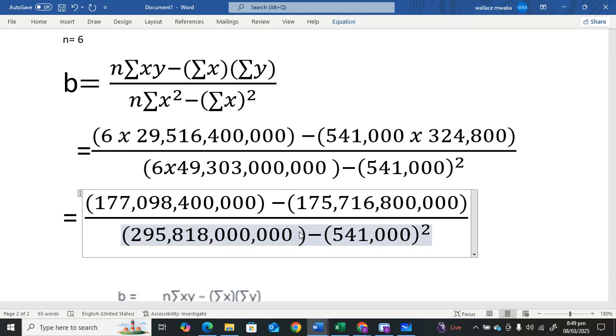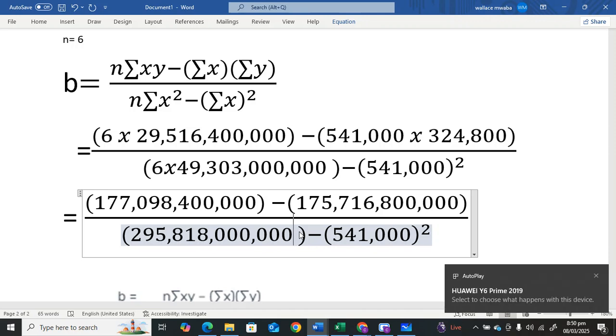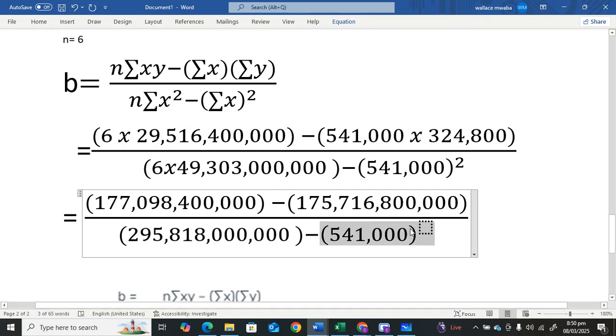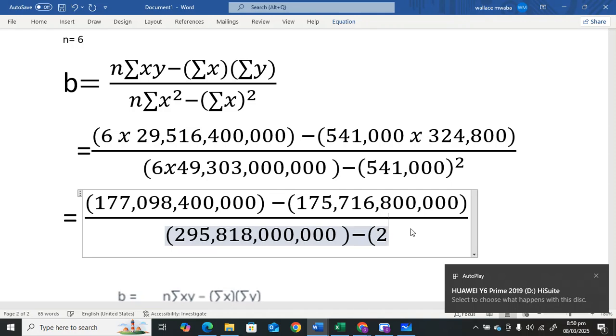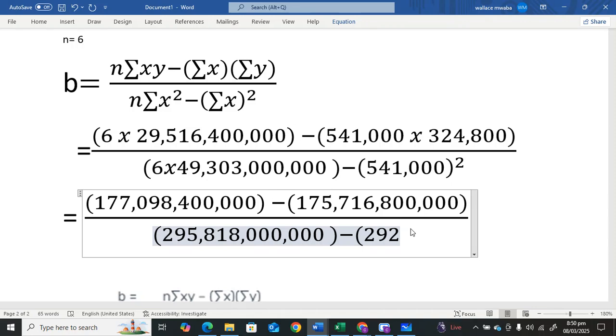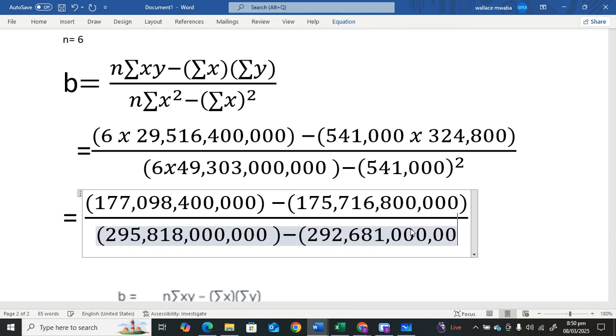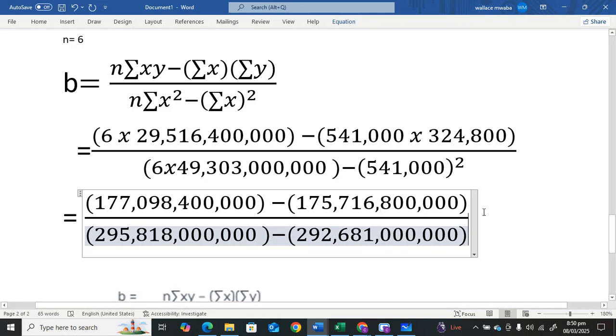Okay, then 541,000 squared. Yes. So these are the figures we get.